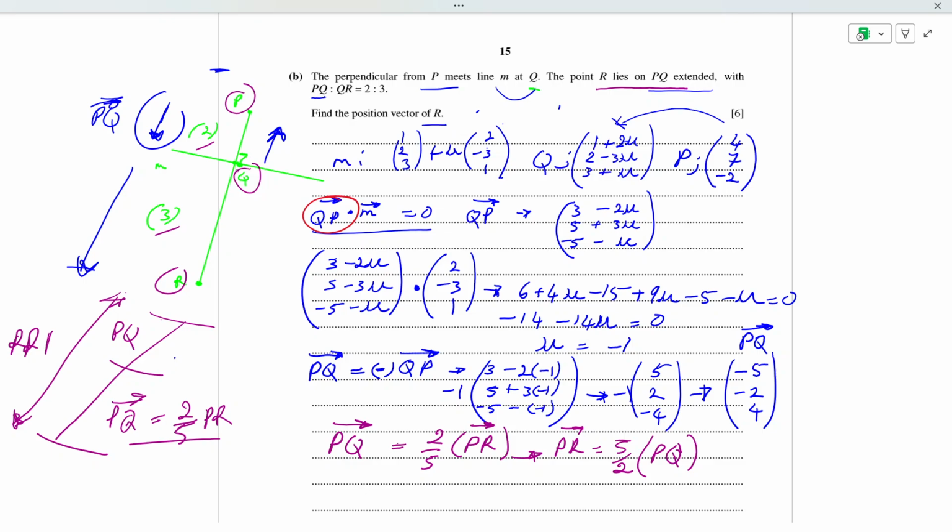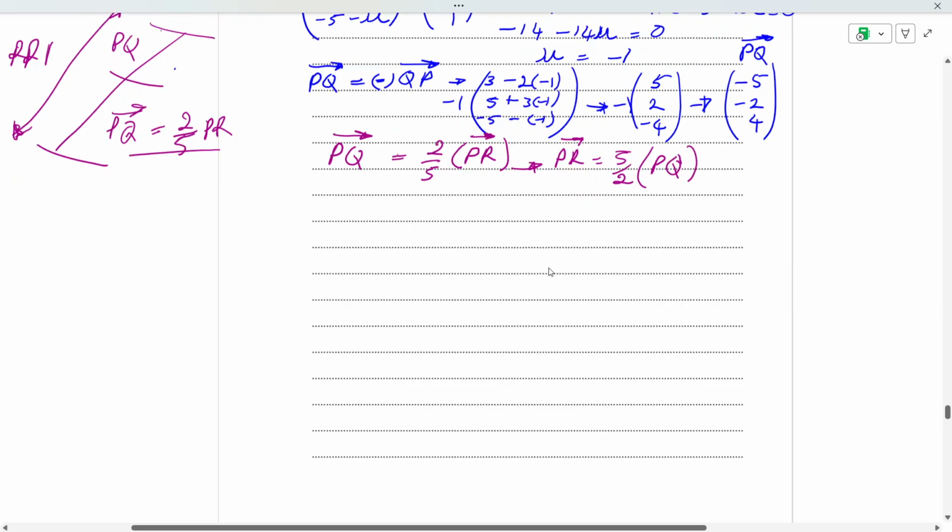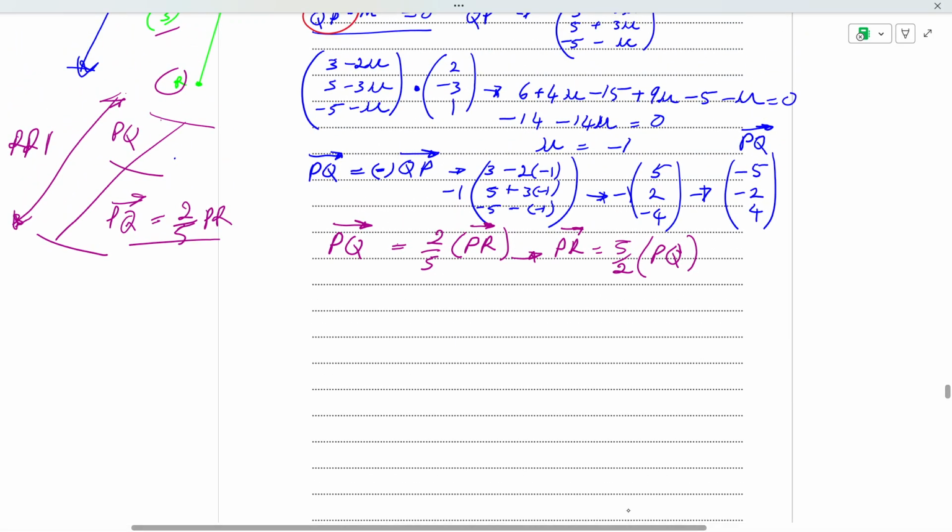So this is PQ, then we extend it, then we have R. So PR is equal to 5/2 multiplied by PQ. PQ we already have, which is -5, -2, and 4. So that's the direction for PR.